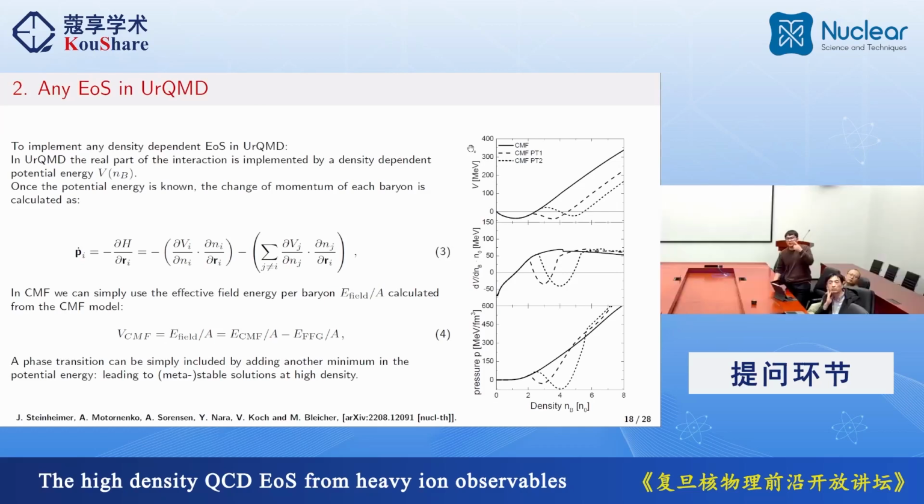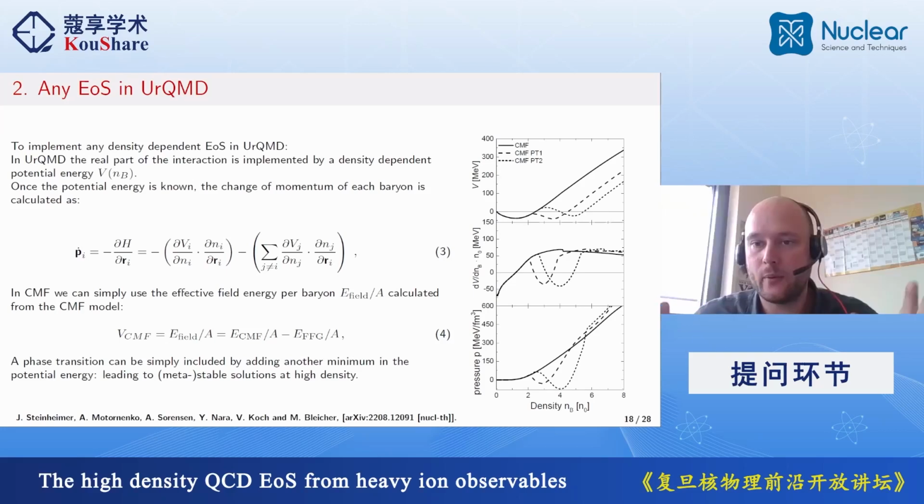So you are simulating the quark gluon plasma phase by adjusting the interaction between nucleons, right? The high density phase, right? Yeah, so basically we're simulating a QGP by changing the interactions of the hadrons. So you can do it up to a certain point.